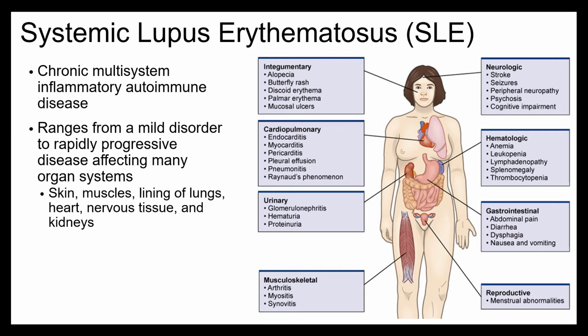Because this is such a prominent problem in the lupus patient, it is important that there is ongoing assessment of lupus patients for any indication of renal damage or renal disease developing. And if that is noted, it has to be treated promptly to minimize the long-term impact on the renal system.